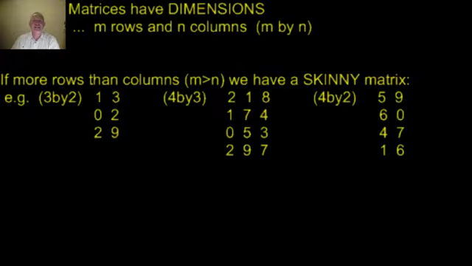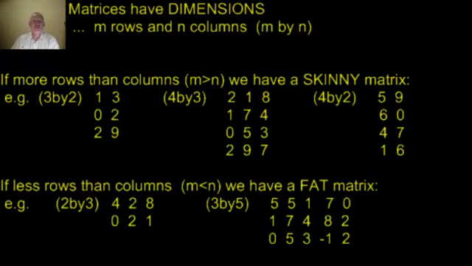You could guess that if it was the other way around, if we had fewer rows than columns, we'd have what's called a fat matrix. They seem like pretty non-technical names, but they're helpful descriptions, and sometimes that's all you want, a description of the shape of the matrix before deciding how to handle it.